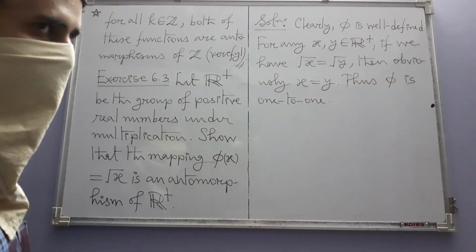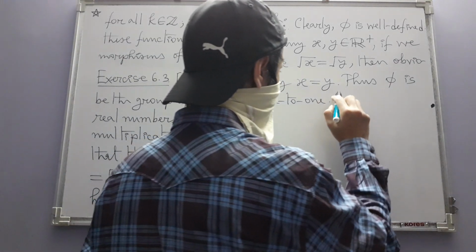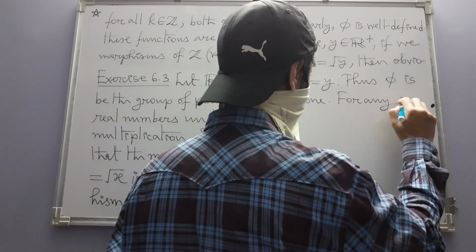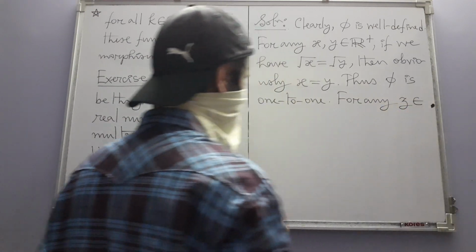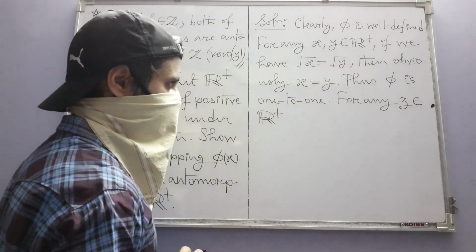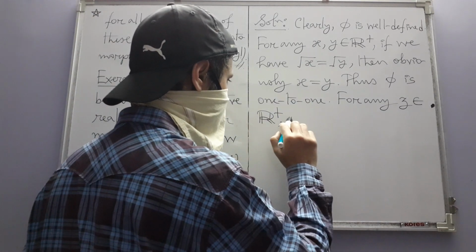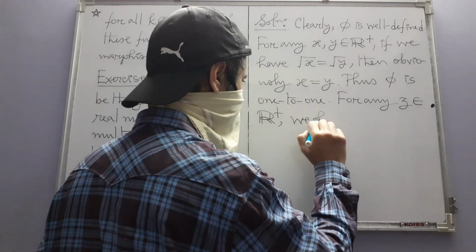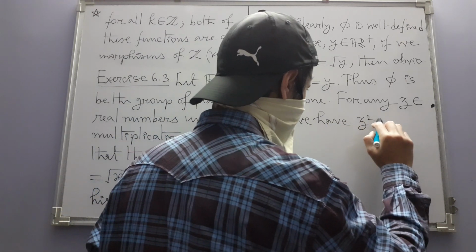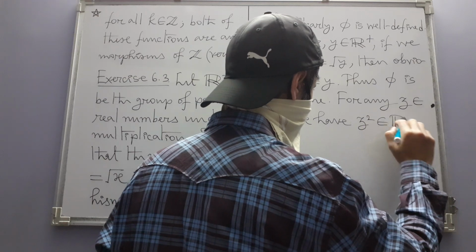Next, ontoness. For any z belonging to R plus, we have its square root belonging to R plus.